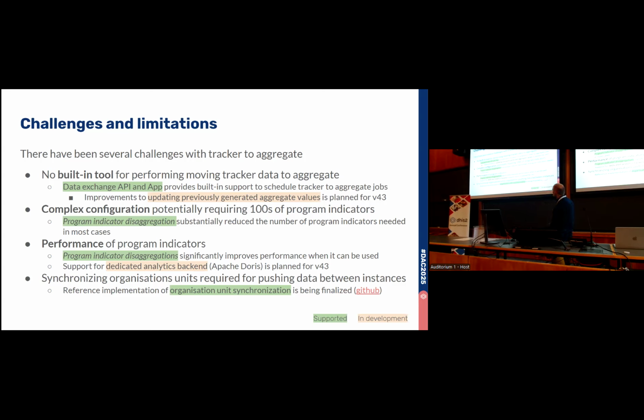We are aware that there is one edge case where the current way of doing the tracker to aggregate doesn't fully work, which relates to edge cases where you have tracker data that is modified so that your aggregation count is 0.